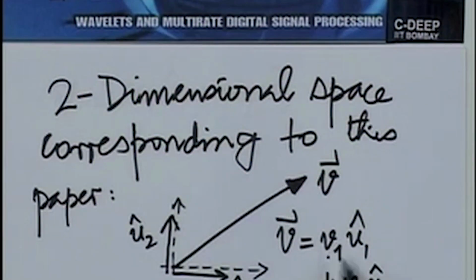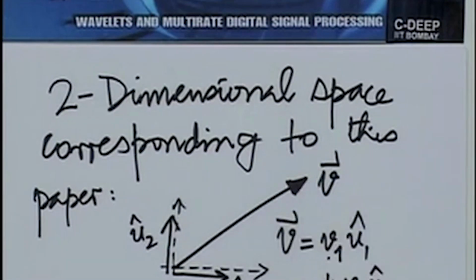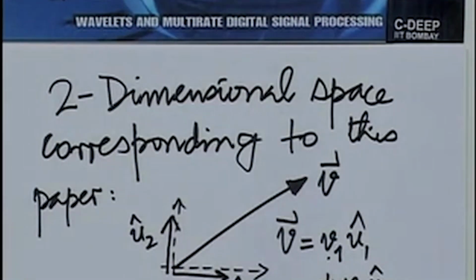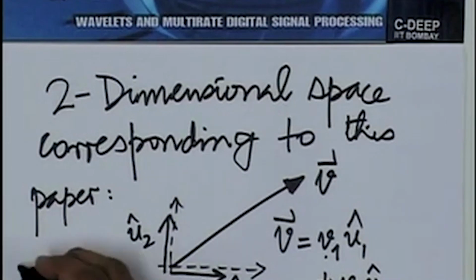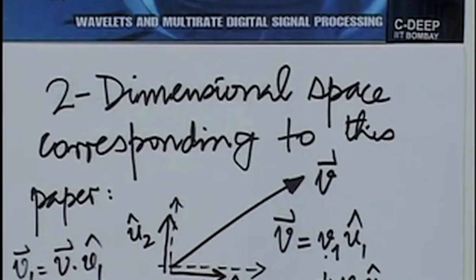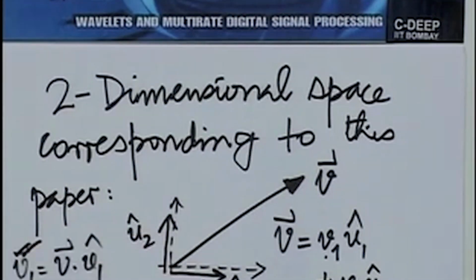And remember, v1 and v2 here of course are constants and very easy to obtain, because I can simply obtain them by taking a dot product of v with u1 cap and v with u2 cap. So, in the sense of dot products, V1 is indeed V dot U1 cap, and V2, I mean V1 as a coordinate, not as a vector, V2 as a coordinate is the dot product of V with U2 cap.